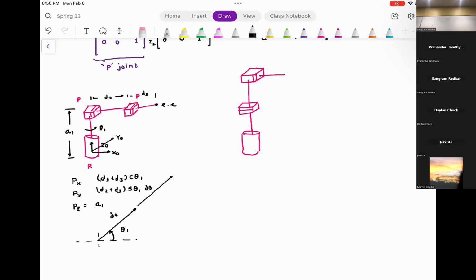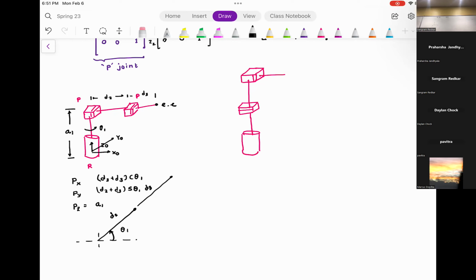Now the question is, how would you solve the inverse kinematics problem for this one? Basically, no matter what you do, you take the ratio of Py by Px, and what you get is tan theta.